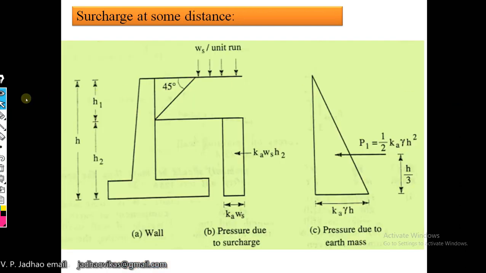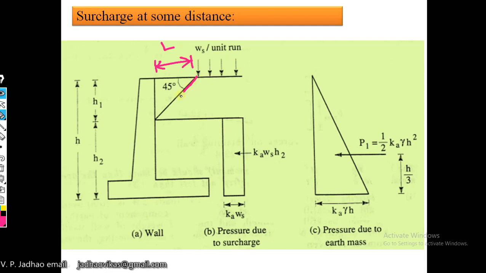Now if this uniformly distributed load is acting at some distance from the retaining wall, let us consider a distance capital L from the retaining wall, then how do we consider the effect of this uniformly distributed surcharge?